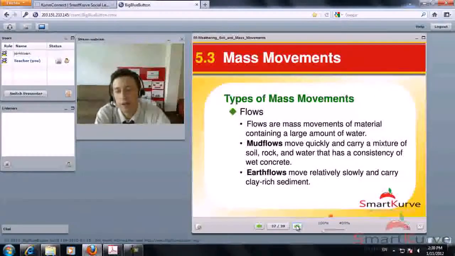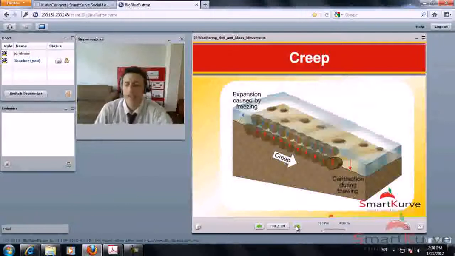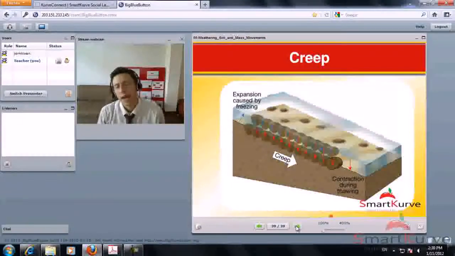Flows are mass movements containing a large amount of water, like a mud flow or an earth flow. And then finally, a creep. Now, creep is much slower, and it's a little bit more difficult to understand. There's an illustration there on the last slide, slide 39.